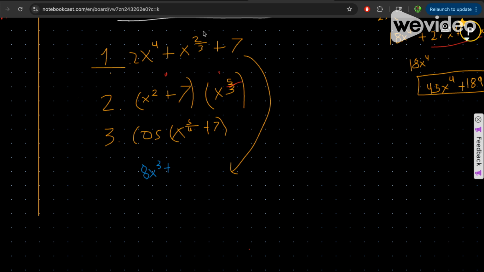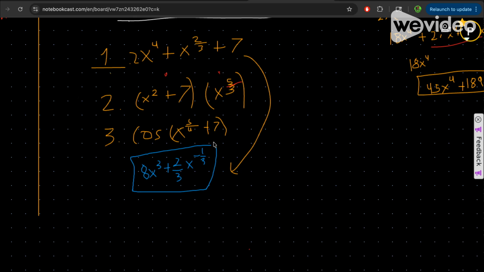As I've said, the power rule also just works for fractional exponents. So 2/3 times 1 is 2/3, x to the 2/3 minus 1, which is negative 1/3. And since the derivative of 7 is 0, we don't really need to include that, so this is our answer for the first one.